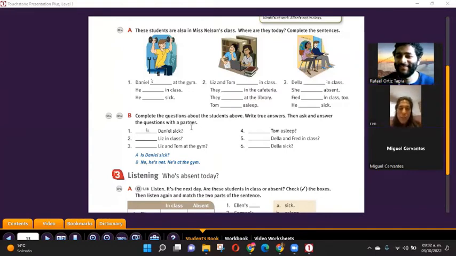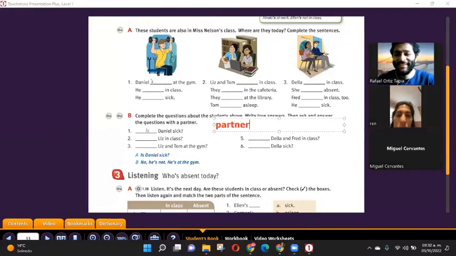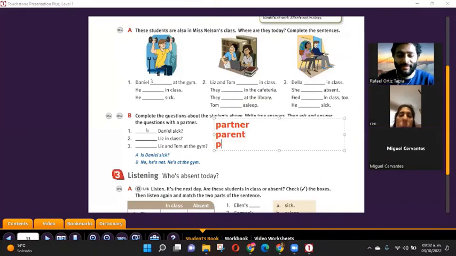That's a typical confusion, right? Because you have partner and you have parent. Estas dos se parecen bastante, ¿verdad?